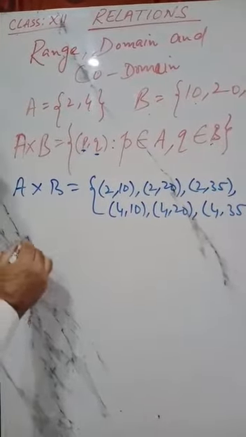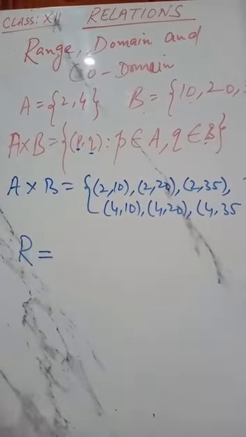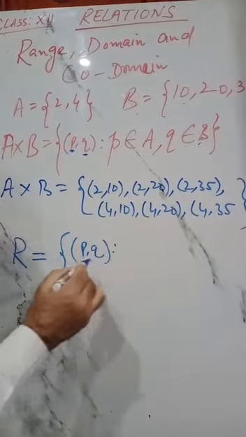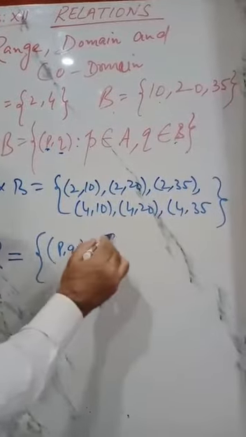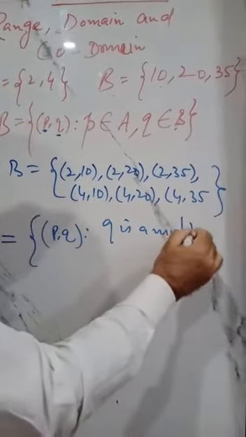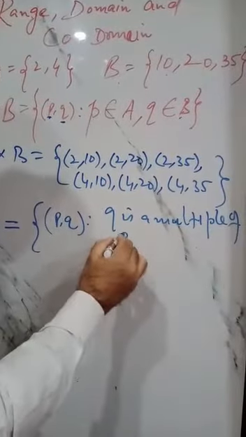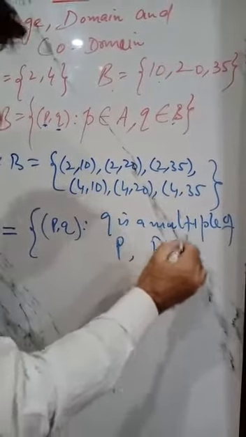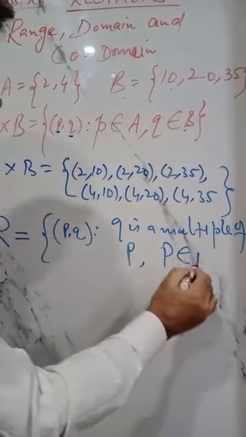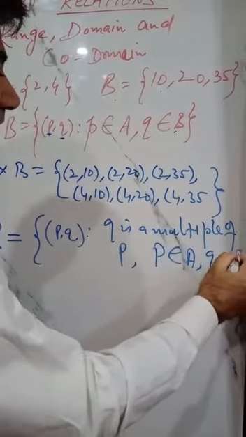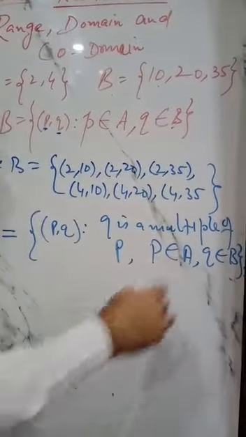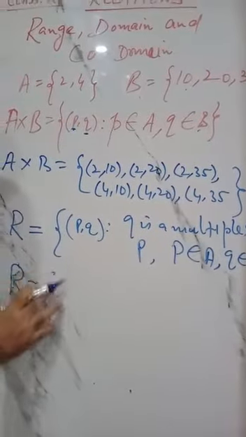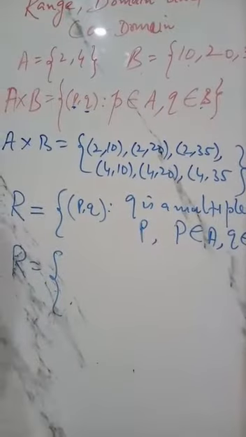So let us have a relation. We will write here: relation R is equal to (p, q) such that q is a multiple of p, where p belongs to A and q belongs to B. This is the set builder form, so we can write it in roster form like this.